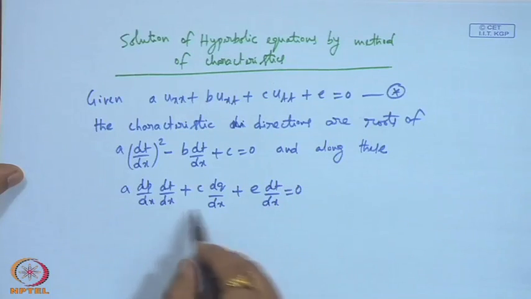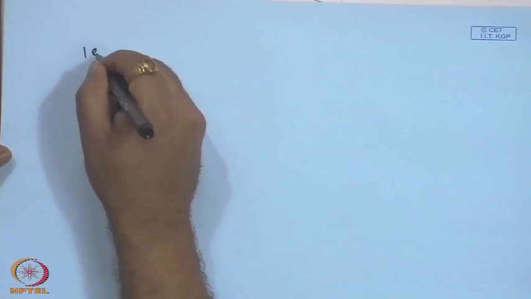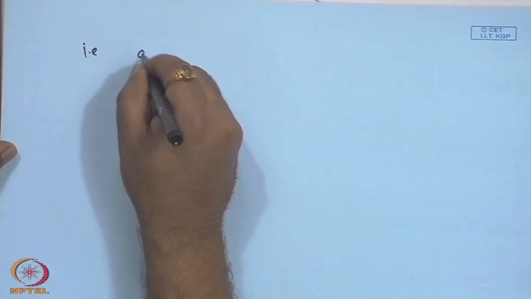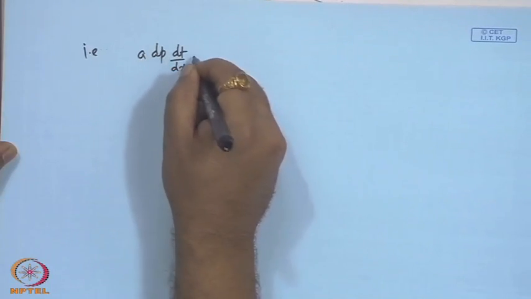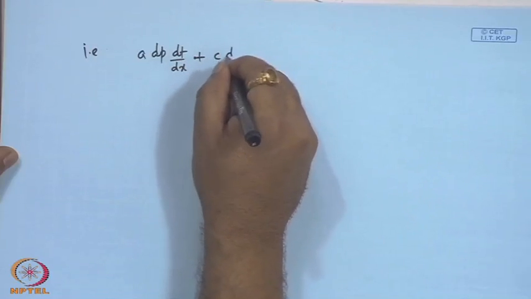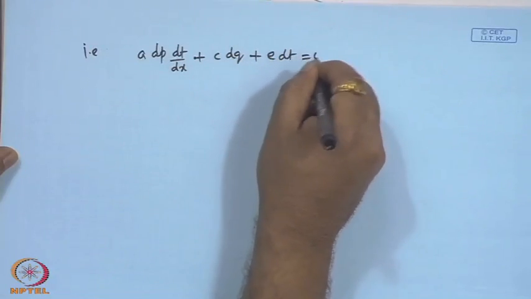Now this can be recast in a slightly different way. That is a dp dt by dx dq dt is 0.